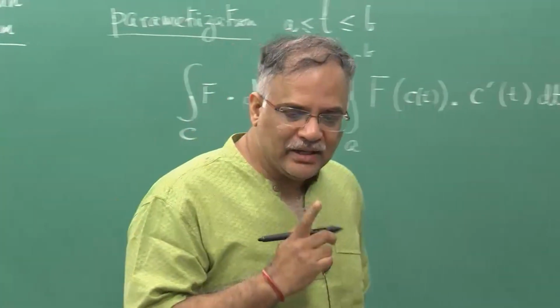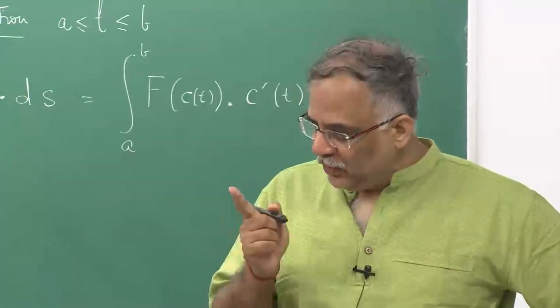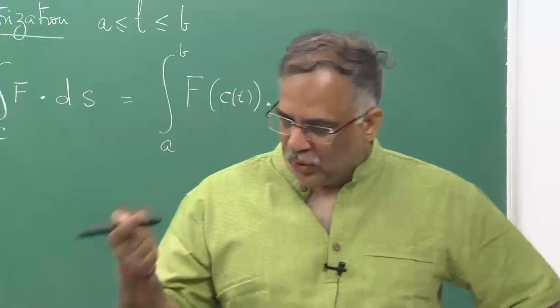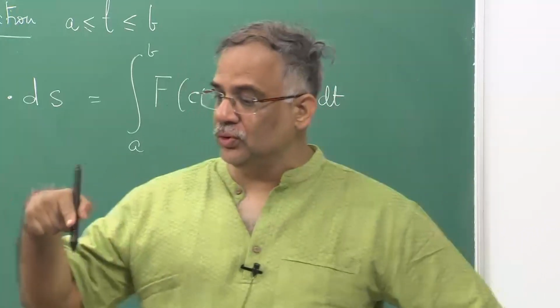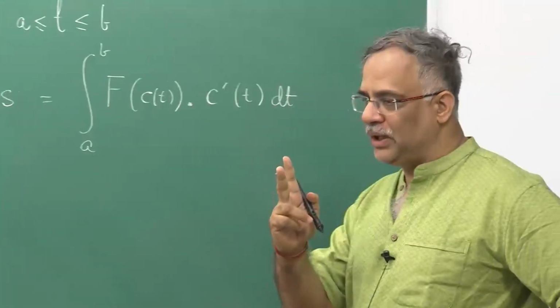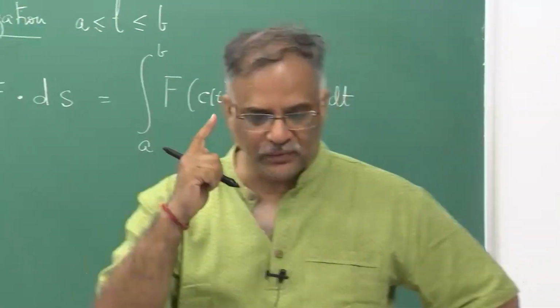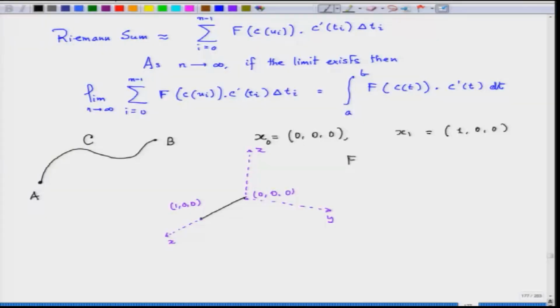So, now I will describe two paths. One path will take me from 0 0 0 to 1 0 0, another path will take me from 1 0 0 to 0 0 0, and on these two different paths the value of the line integral would be different. Let me consider the vector field f given as i, so it is 1 times i, it is constant, the field is always constant.